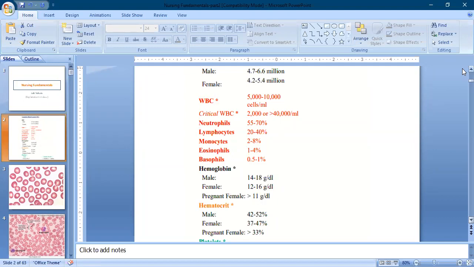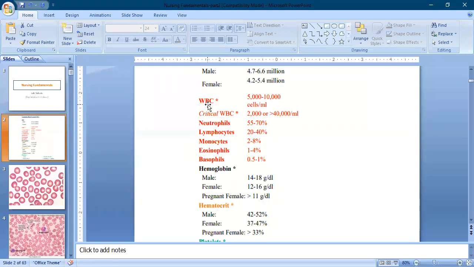Another cell in the blood is called white blood cell, WBC. Another name for white blood cell is leukocyte. So leukocyte means white.